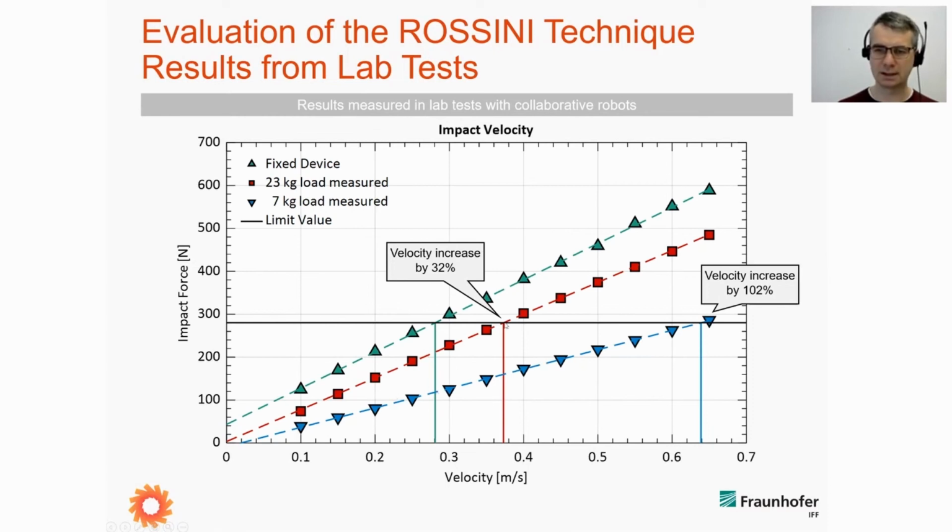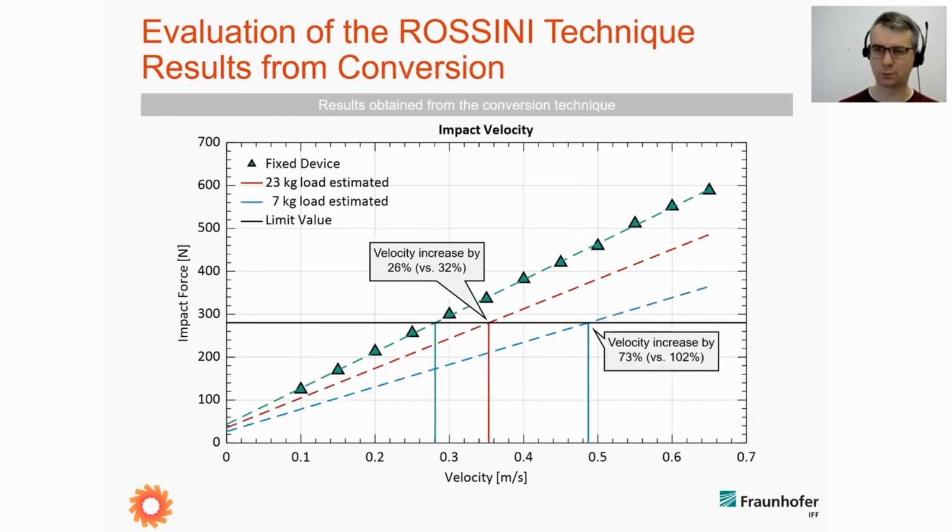What you can already see here is that we will observe a significant increase in velocity if we make the PFMD movable. But movable means more effort, which needs to be put into these measurements. That's why we want to go with our conversion technique. Here we compare the results to our conversion technique.